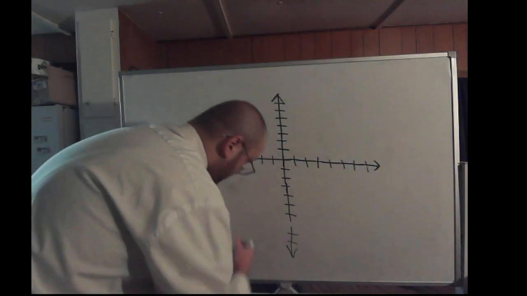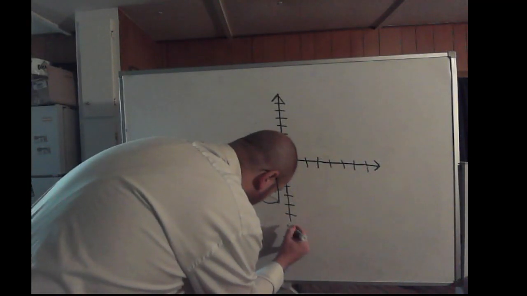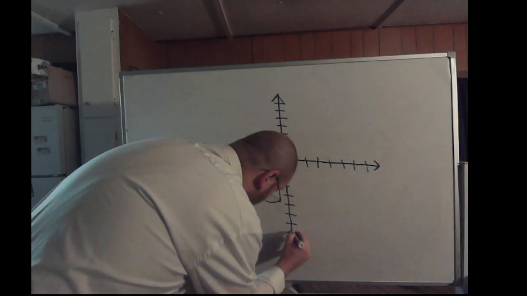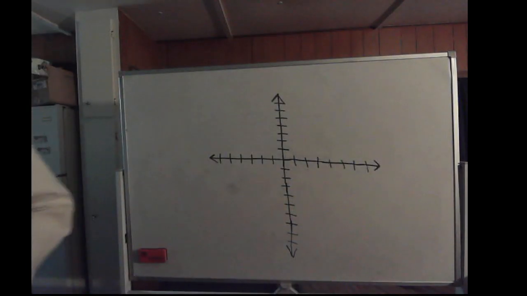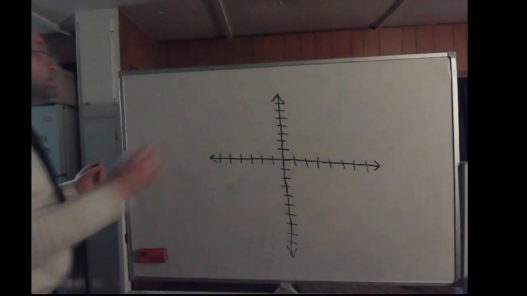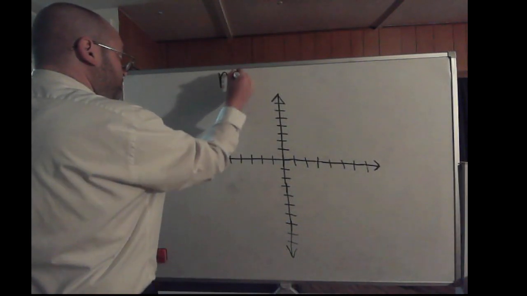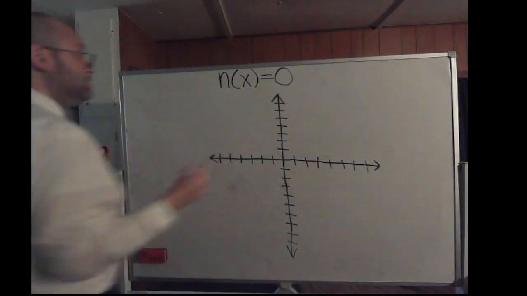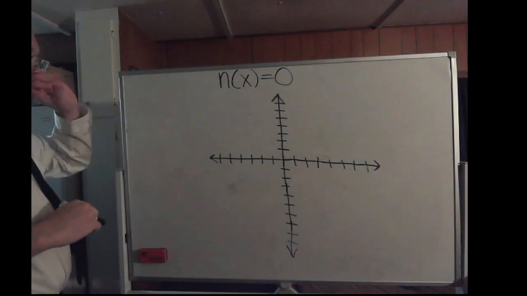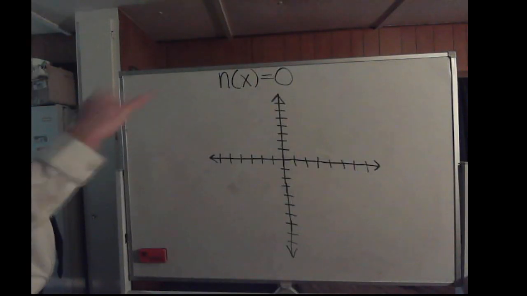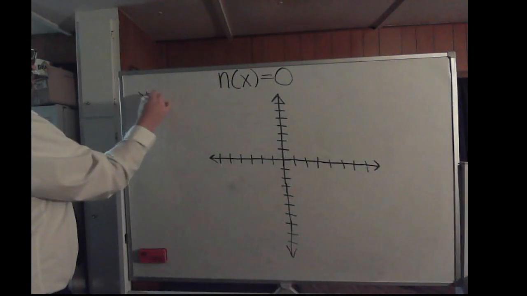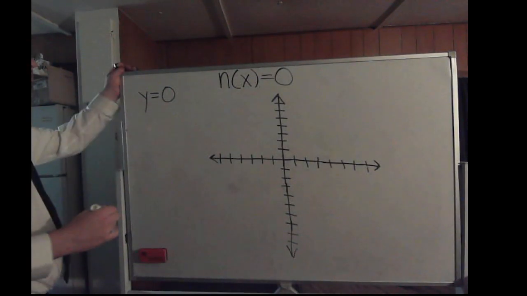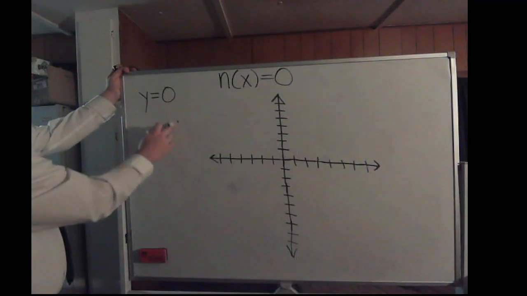Whoops, wrong color. That'll go right here. What's next? We have n of x equals 0. So n of x equals 0. Well, n of x again is the same as y equals 0. Well, we have no slope.